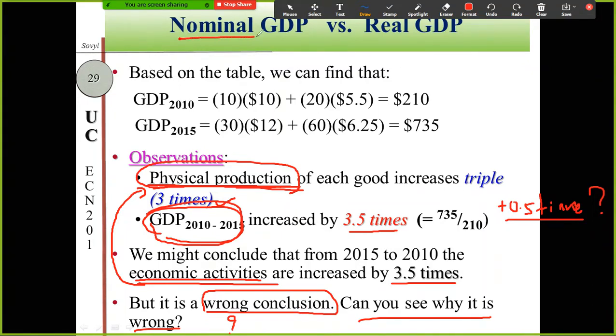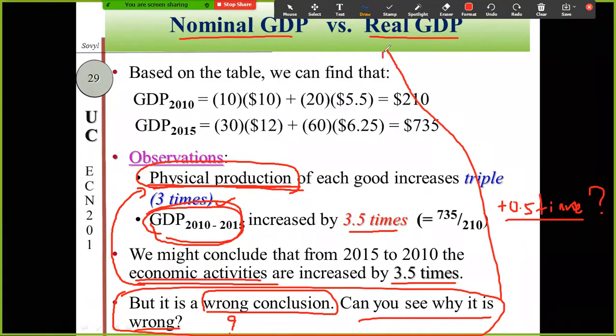Because of this question, we need to study nominal GDP and real GDP. Okay? So now we're going to see in detail why this is a wrong conclusion.